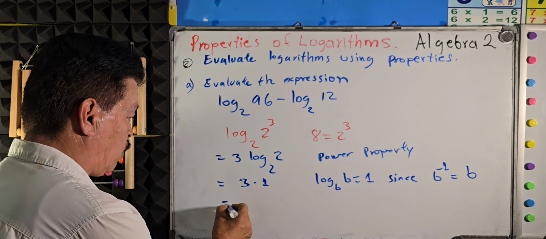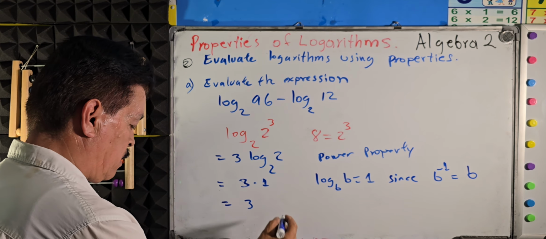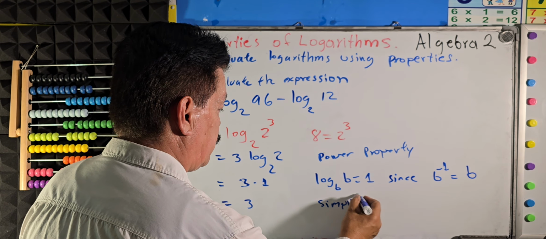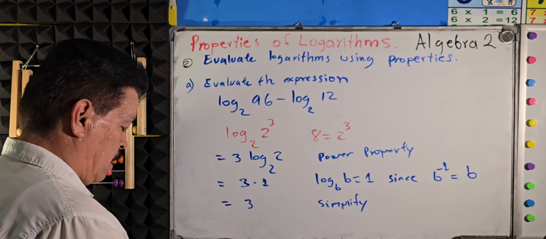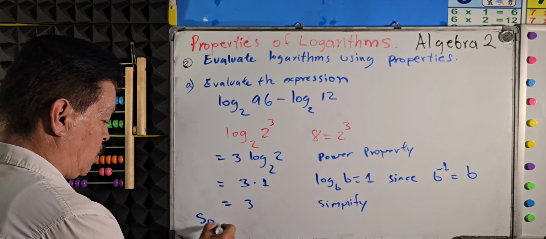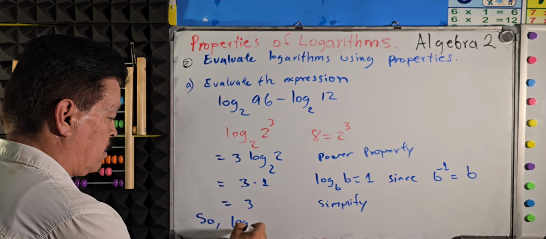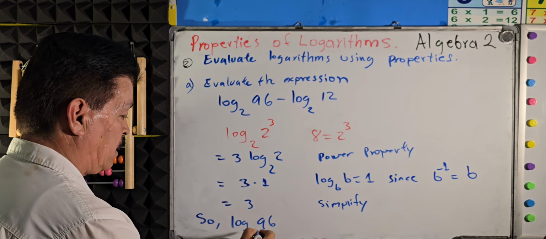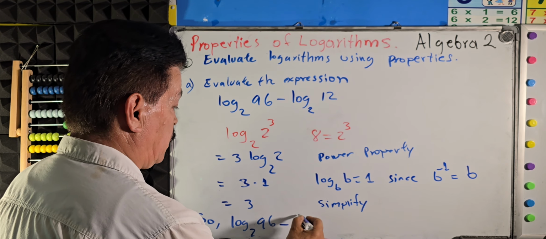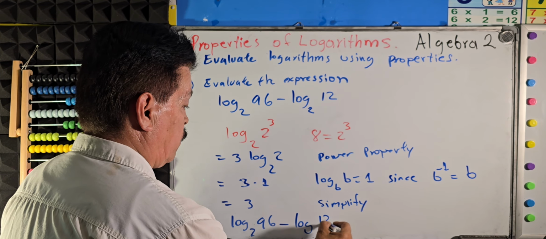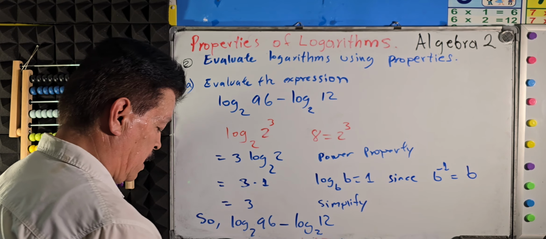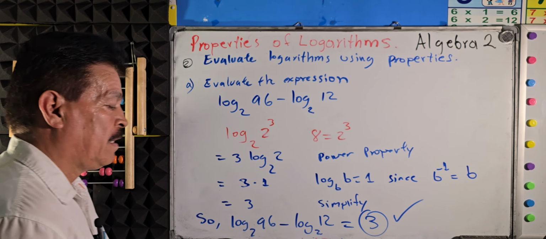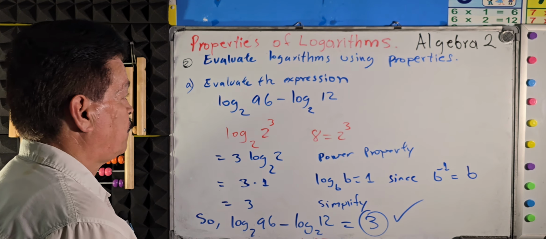So here it equals 3, and then I simplify. So the answer: log 96 with the base 2 minus log of 12 with the base 2 is equal to 3. See, that was the answer.